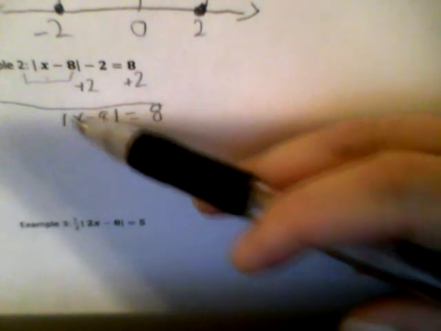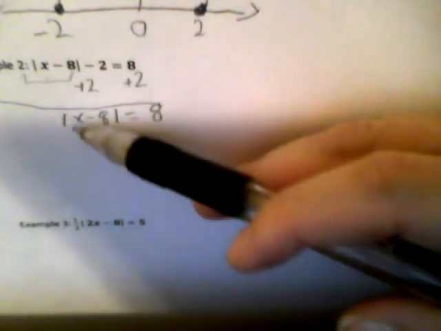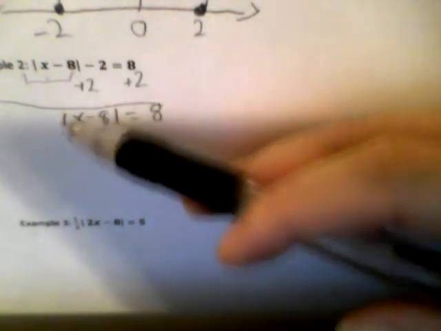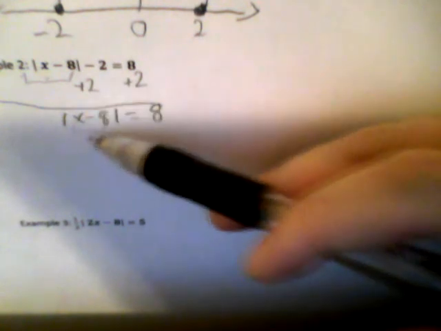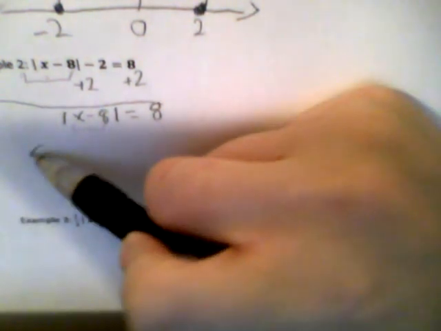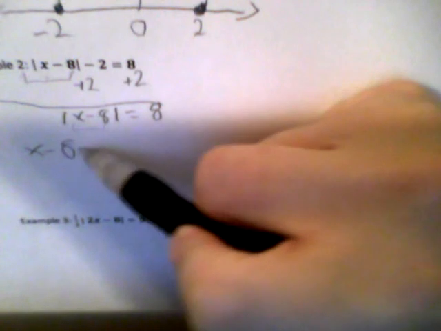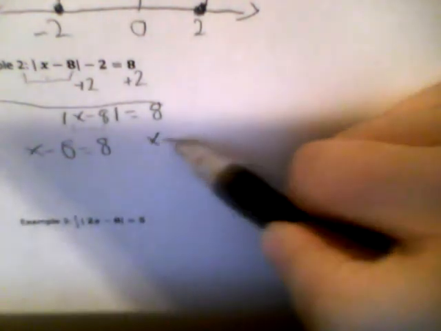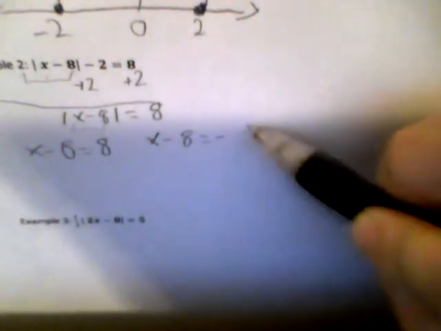Because of my absolute value symbol, I just know that what's inside the absolute value symbol is 8 units away from 0. So I have to separate this into two different equations. So as I said earlier, x minus 8 could equal 8, or x minus 8 could equal -8.